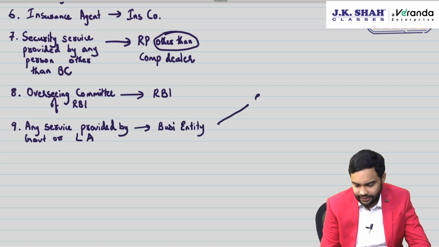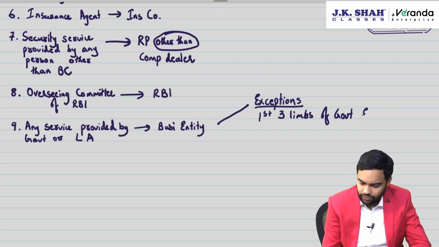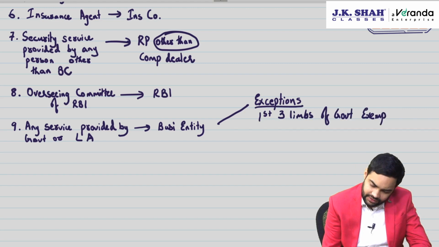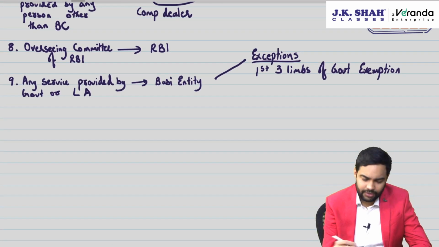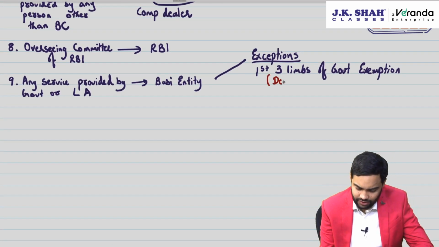But there are some exceptions to this. Exceptions is first three limbs of government exemption. Now you would have learned government exemption. We will again revise it in exemption chapter, but government exemptions, first three limbs was Department of Post.